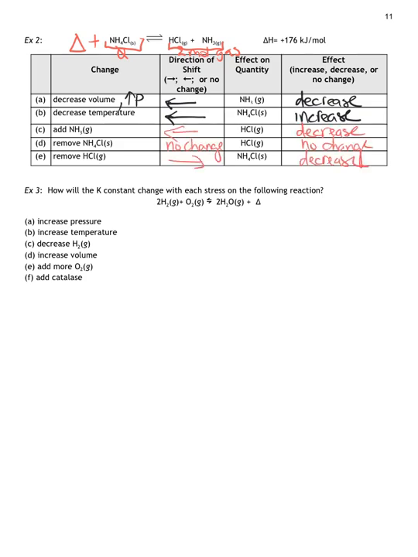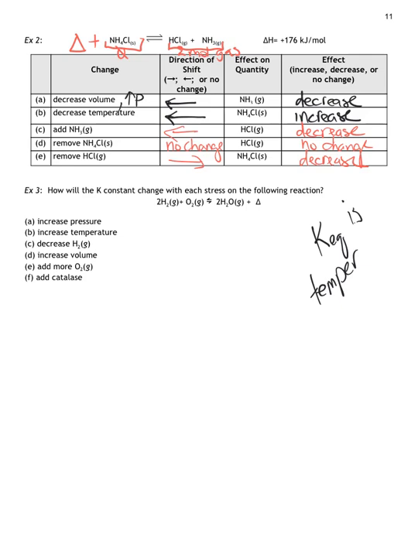Moving on to the third example problem. Here in the third example problem, you're looking for how the K constant will change with each of the following stresses. And we talked about this earlier, where the K constant is in fact only going to change if your system is changing temperature. So K constant is temperature dependent and only temperature dependent.